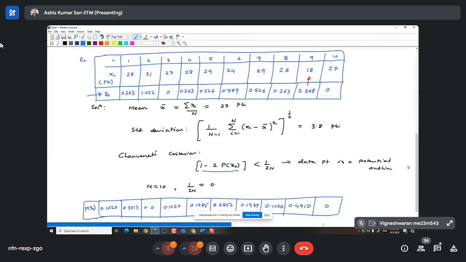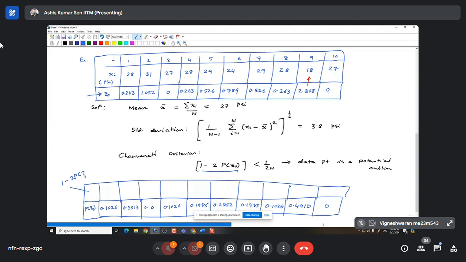I'm just writing here, I believe it is this. So I'm doing the table here. You have already found PZ0, so 1 minus 2 PZ0 you can find.